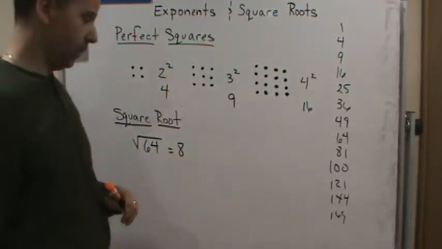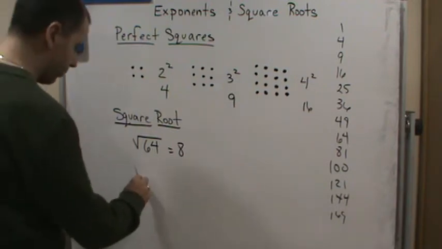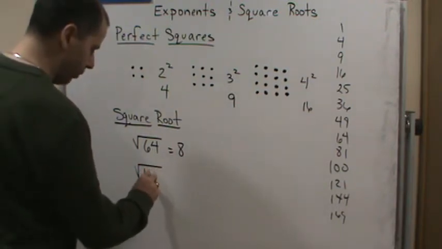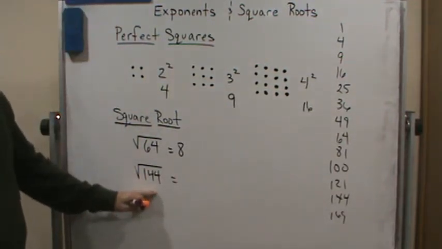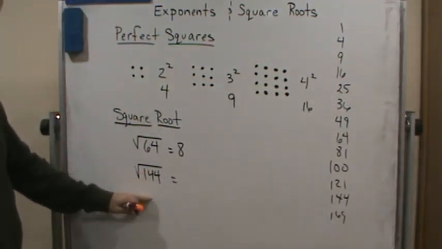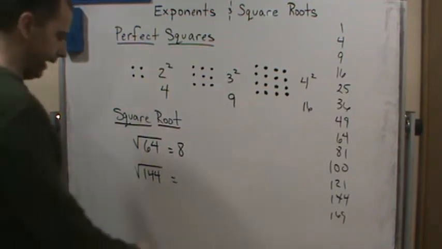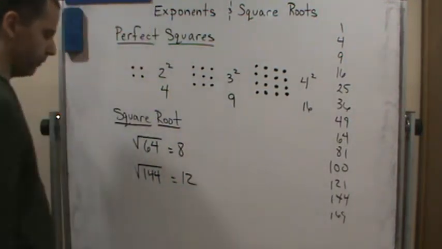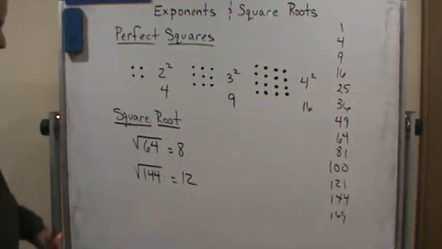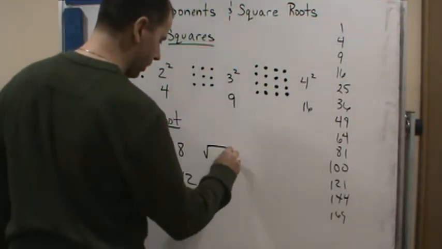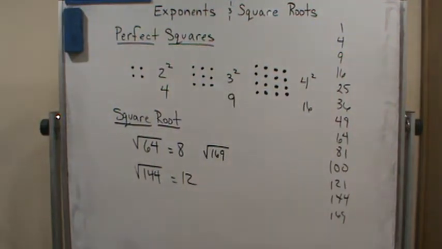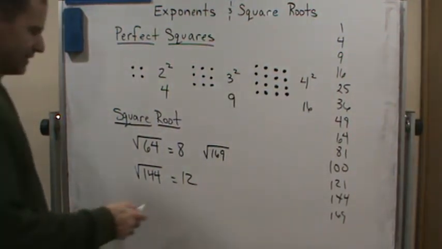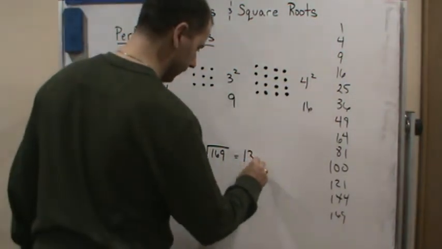That's what we mean. So if we want the square root of 144, then we want the number that, when squared, will give us 144. And what is that? That's 12. Or if we say I want the square root of 169, then I want the number that, when squared, will give me 169, and that will be 13.